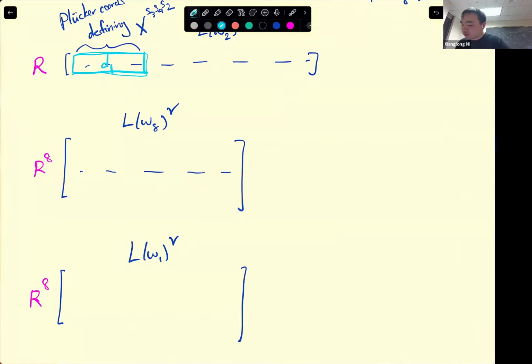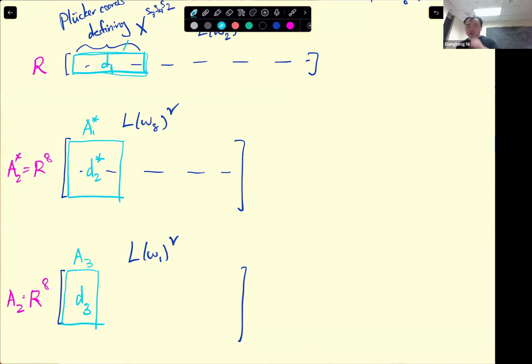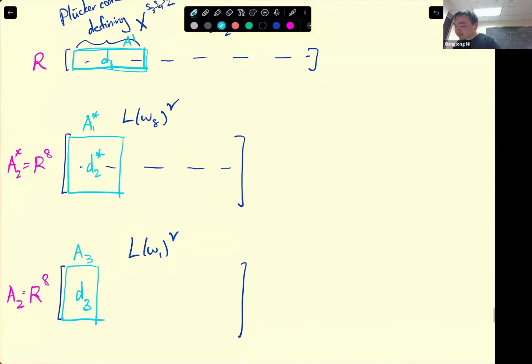In particular, inside this one, if you identify things correctly, you'll find D2 dual, and in this one, you'll find D3. So this R8 is really A2 dual, this one is A2, and then here I have, for instance, A3, A1 dual, and this is A1. If you identify things in a certain way, you'll find this.